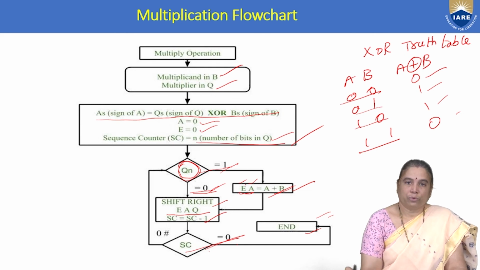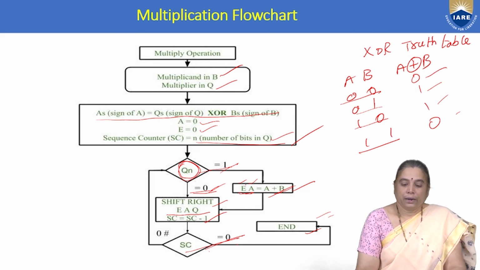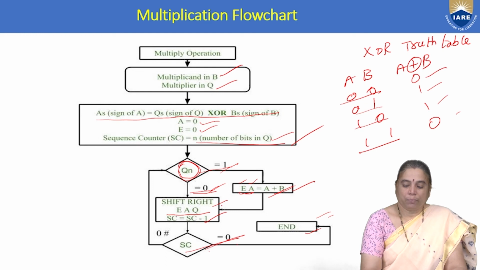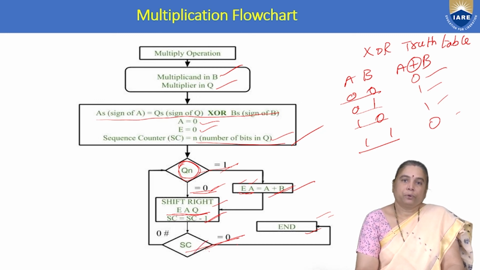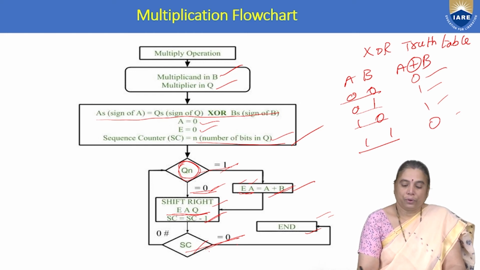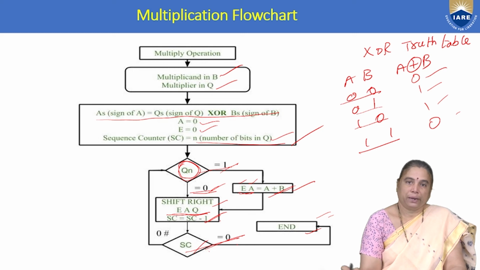The carry is stored in the E. Later on, shift right operation can be applied on EAQ and decrement the counter value by 1. And next, we have to check whether the sequence counter holds 0 or any other value. If other than 0, again these steps can be repeated.